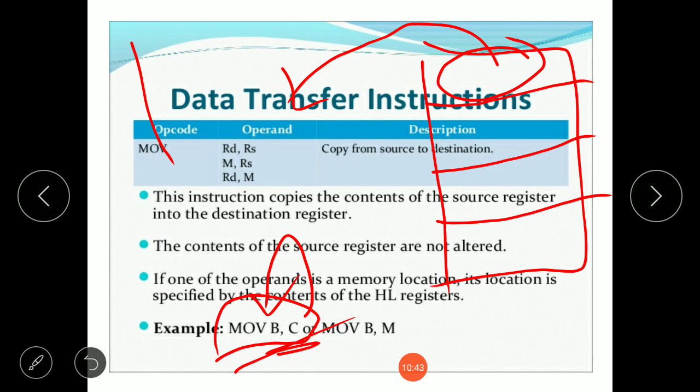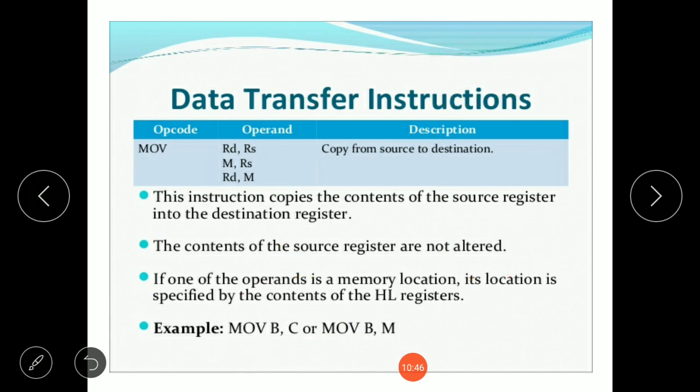In the opcode fetch machine cycle only, the microprocessor will execute the instruction. So in one machine cycle the whole instruction will get executed.